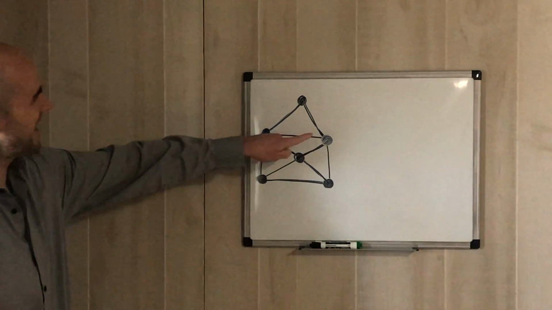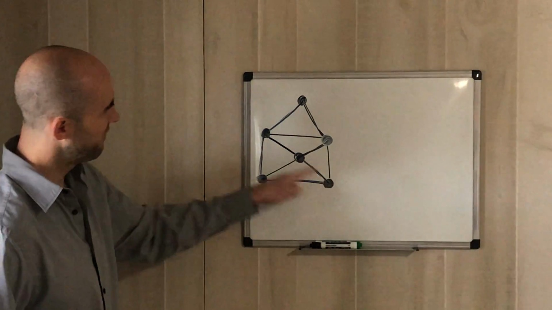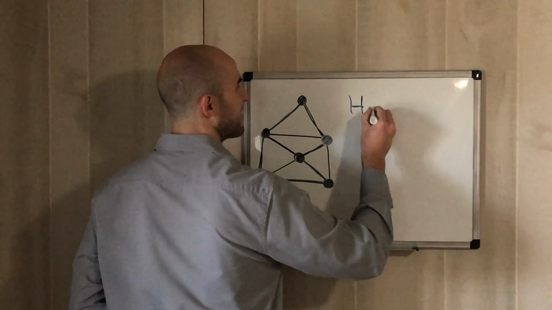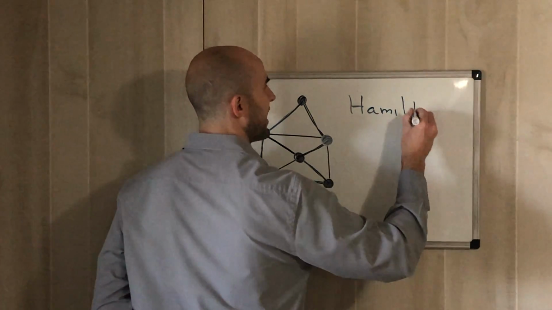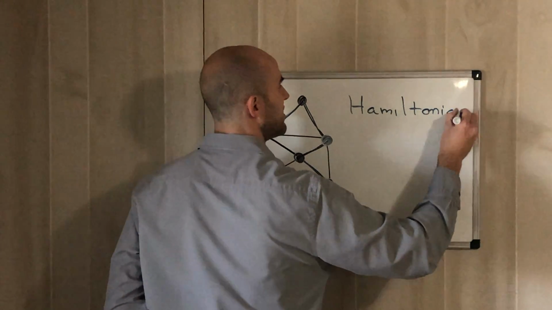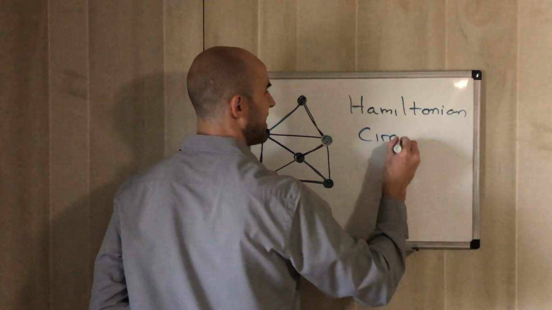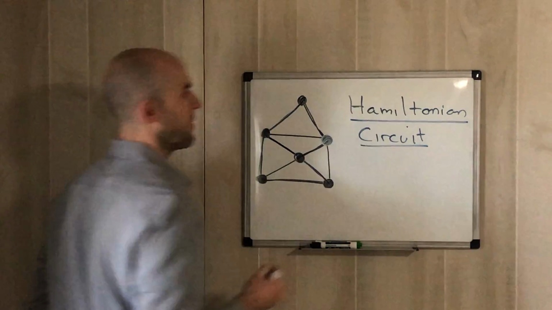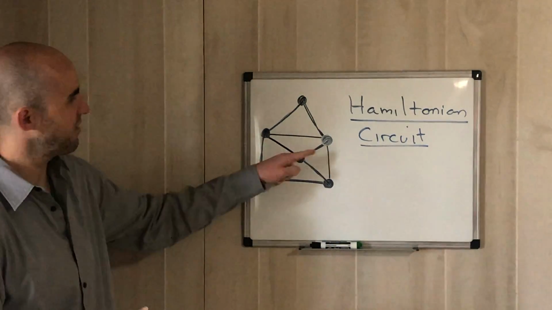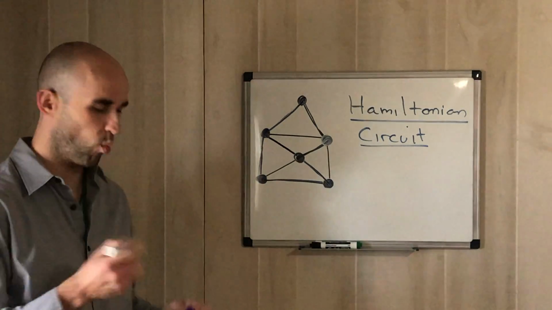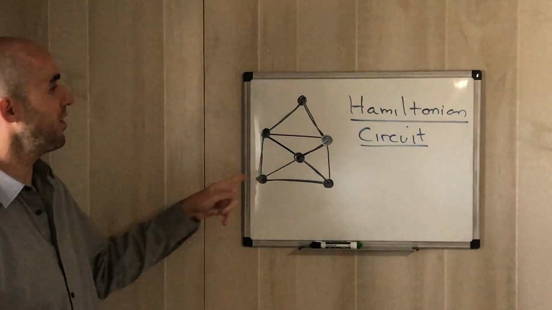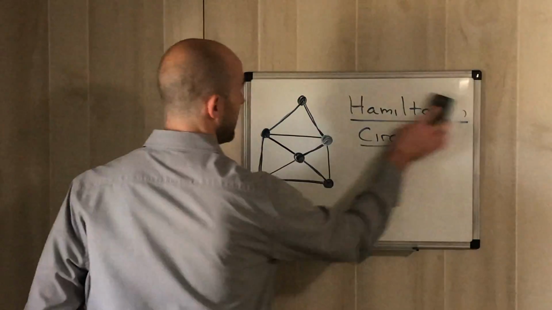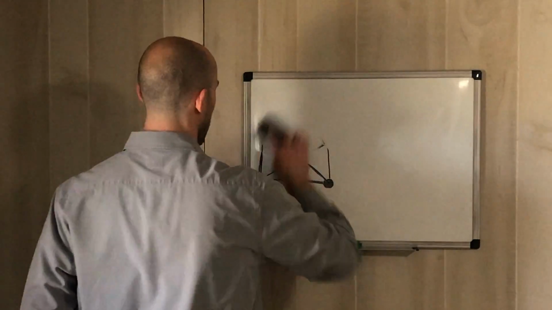And since we connected every single vertex and went back to where we started, this would be considered a Hamiltonian circuit, right? And it's a Hamiltonian circuit for that exact reason. We ended up going back to where we started and we used each vertex once. Since we used each vertex once and ended where we started, that's a Hamiltonian circuit, right? It's just that idea, guys.